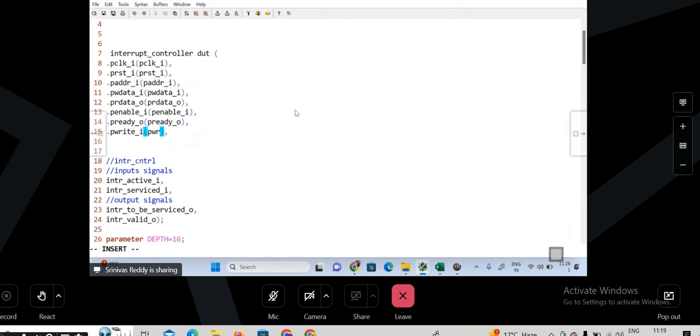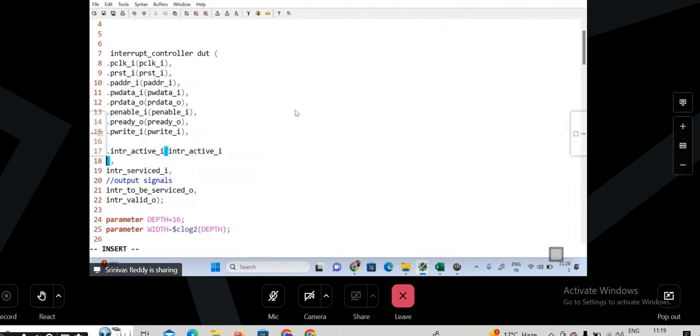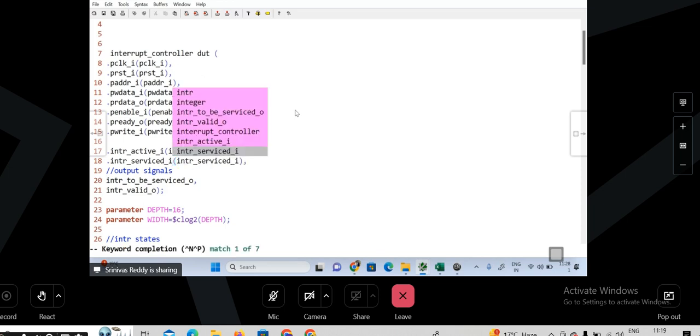These are the parity values. It is randomly assigned. So what is the vector to this? This is a width or depth I can use. Depth minus 1. So any other variables I'm using?